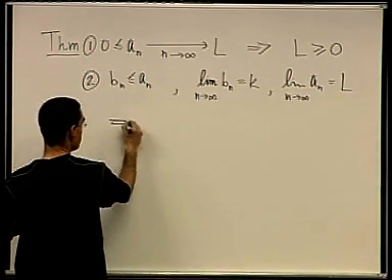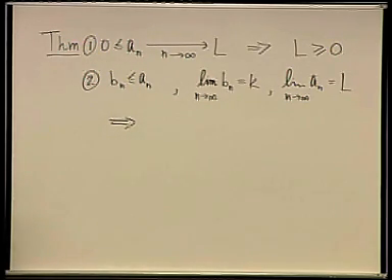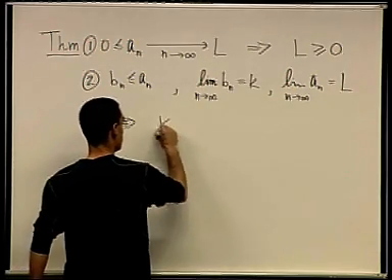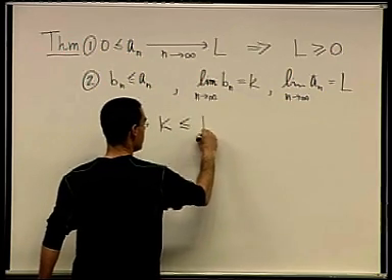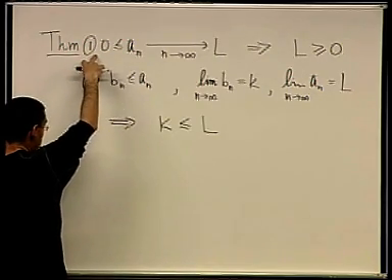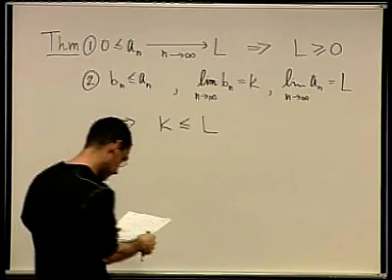Then, what can you say about the limits? Not bigger, right. So L is greater than or equal to K. Do you see that theorem number 1 is a special case of theorem number 2? Just take the b_n's to be 0. Do you agree? Okay.